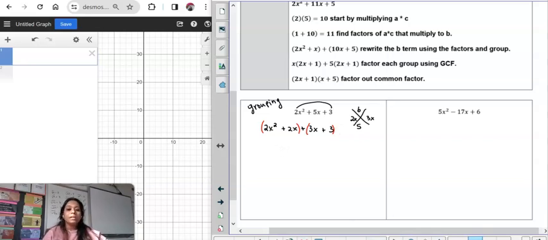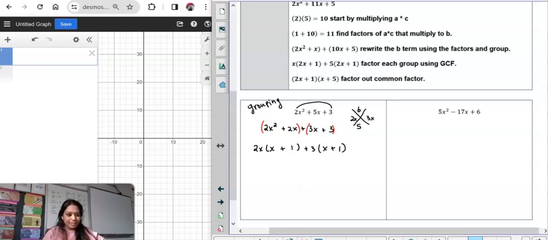So 2x squared plus 2x, the GCF here is 2x. If I take out the 2x from here, I just have x remaining. And then 2x divided by 2x, anything divided by itself is 1. Same thing here. I'm going to factor out the 3. So that's x plus 3 divided by 3 is 1. Okay?